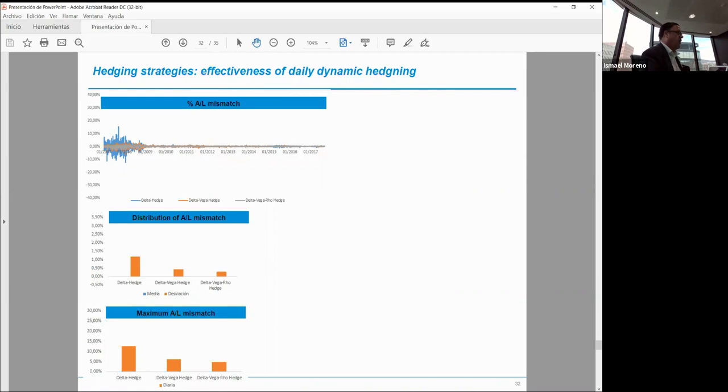You've got the numbers there, if that interests you at all. So in our particular case, we decided to settle on delta Vega daily hedging, but that's a key decision that you need to make, and it will vary according to your risk tolerances. Ultimately, how much risk do you want to retain or diversify away?